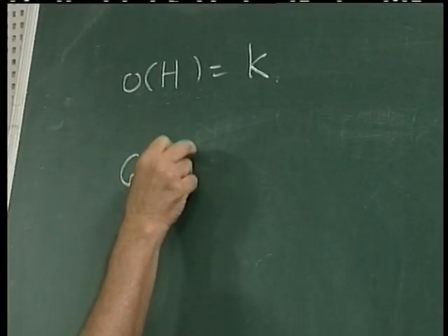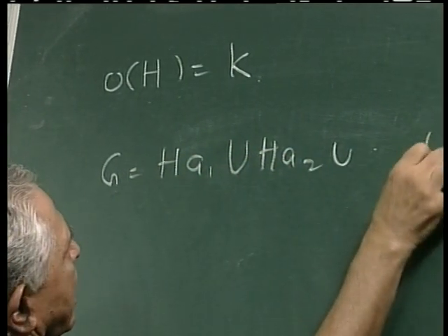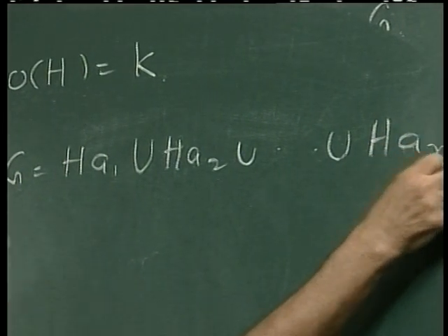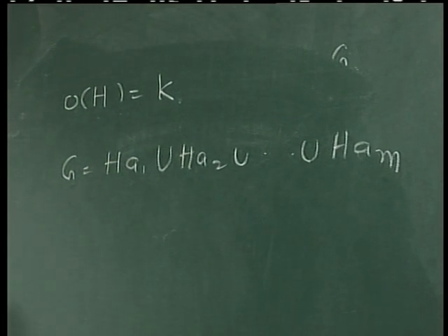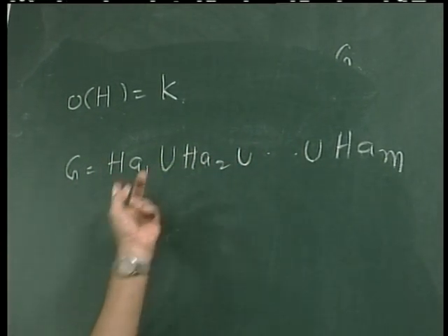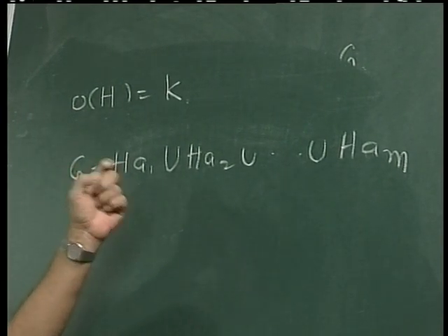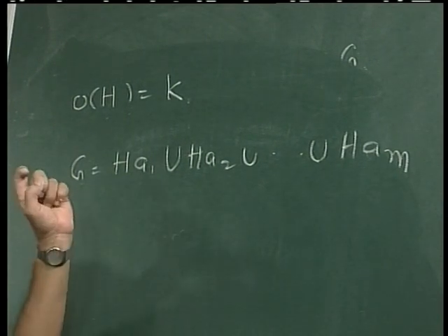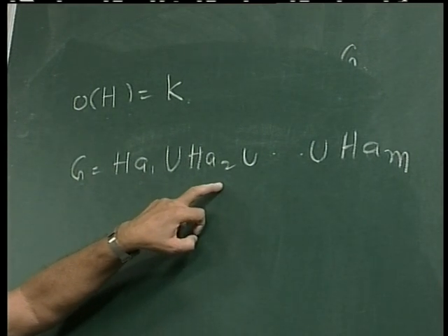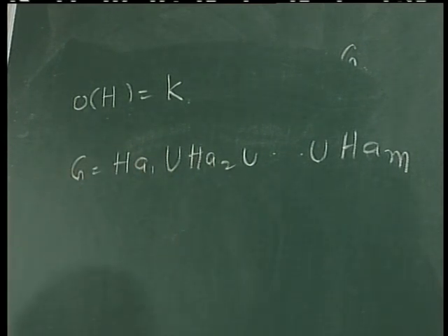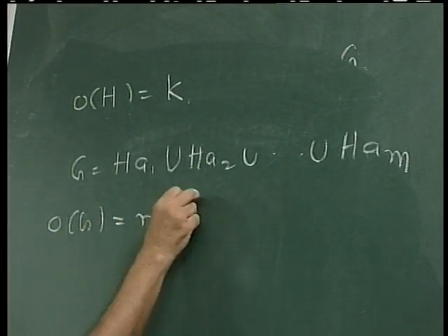That means I can express G in this way: Ha1 union Ha2 union up to Ham, where a1, a2 and am are elements of the group G. And these are all distinct, and so they are all pairwise disjoint. And so G can be expressed as a union of finitely many pairwise disjoint m sets. Each set contains k elements, and so counting elements on both sides, what we get is O(G) is equal to m into k.